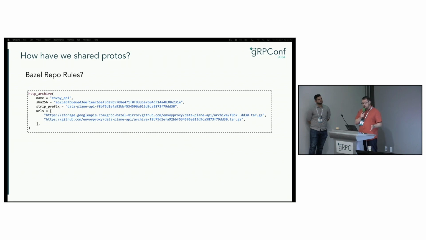If your build system supports it, you could have it download an archive of the remote repository with the protobuf files for you. Here you can see how you would do it with Bazel. It supports this. This, in a way, lets you simulate a monorepo by pulling down your external dependencies and merging them with your local repo.